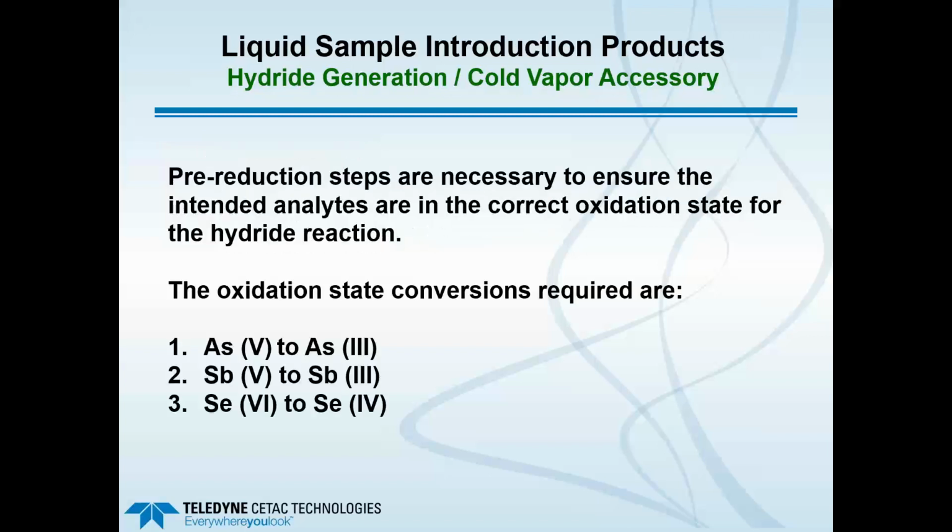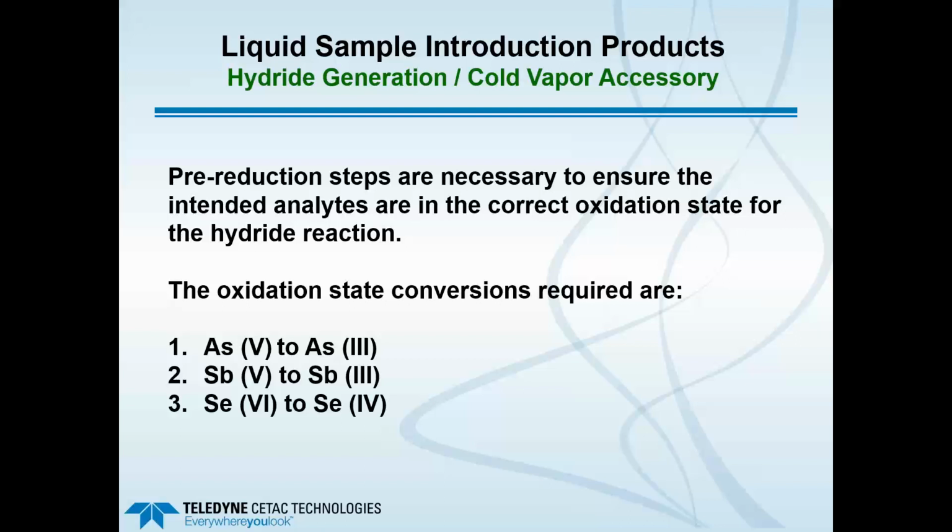So first, before we approach the analysis, pre-reduction steps are necessary to ensure the intended analytes are in the correct oxidation state before the hydride reaction. And this is very important. And we're going to focus on the main three that we mentioned earlier.